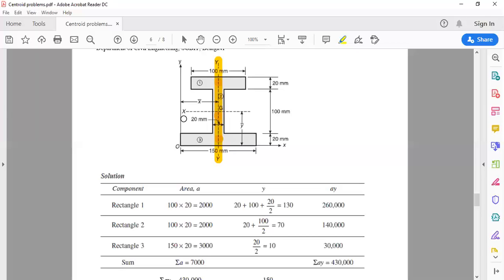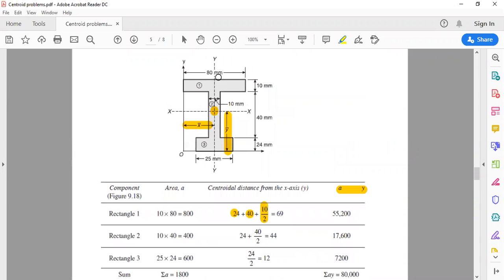And what is X bar? It is 150 mm divided by 2. Do not make a mistake of writing it as 100 by 2, just because in the previous problem it was taken as 80 by 2. Here I had taken this as 80 by 2 only because this rectangle was touching the face of reference y-axis.